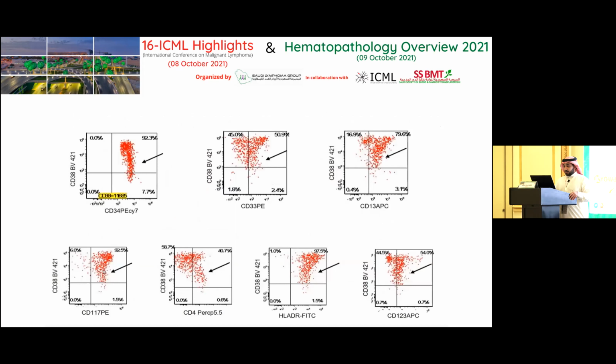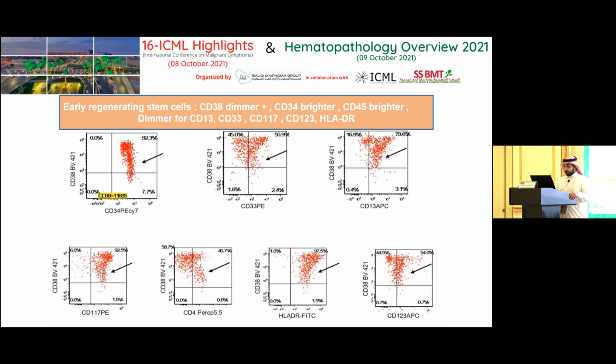Also, there is dim CD33 and CD13, bright CD117, bright HLA-DR, and dim CD123.